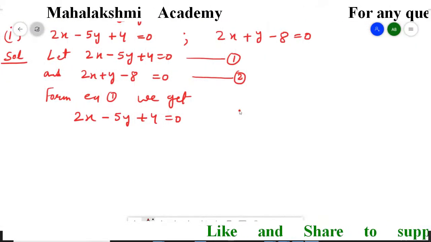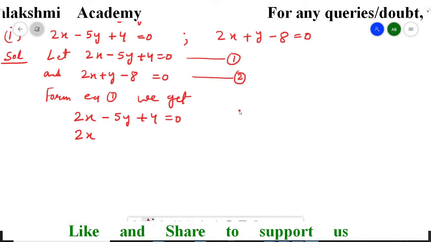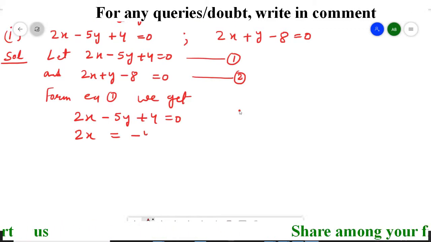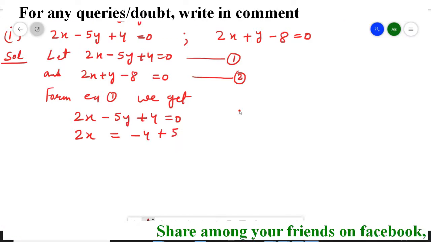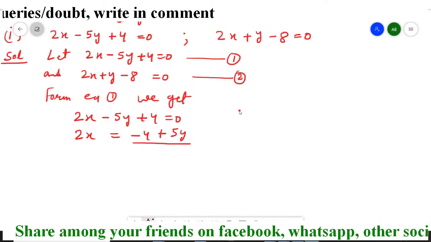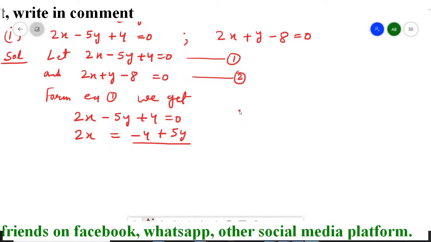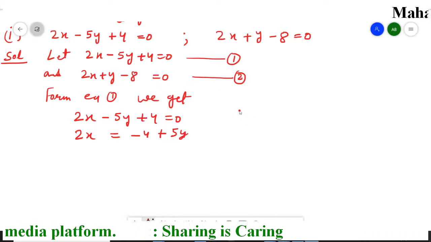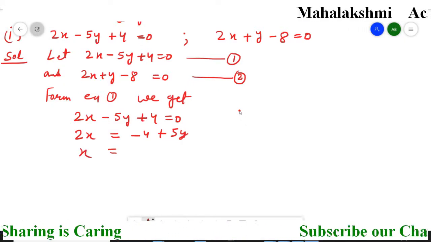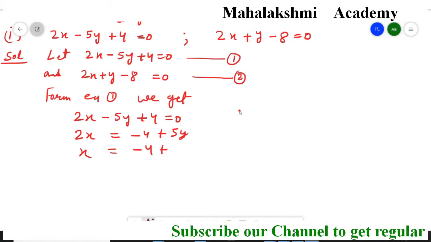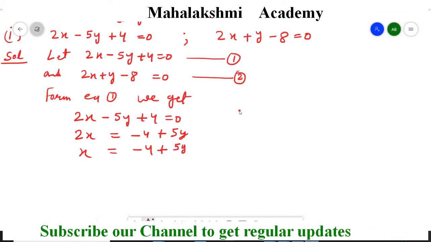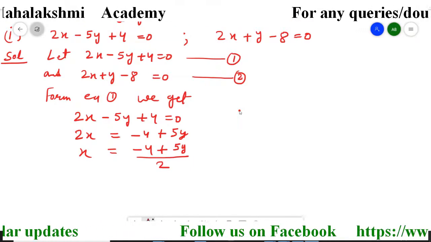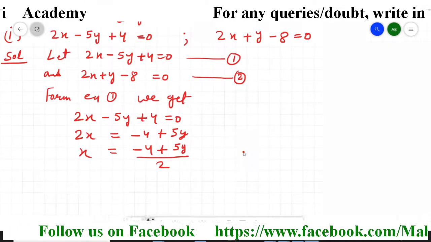So I am going to shift the minus 5y and the 4, so it is going to be 2x equals minus 4 plus 5y, and division we will do in the next step. So x is going to be minus 4 plus 5y divided by 2.